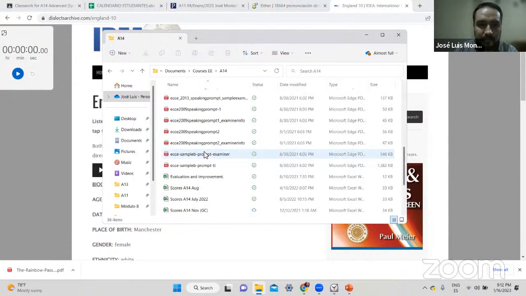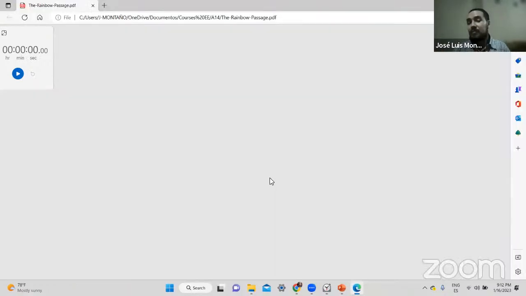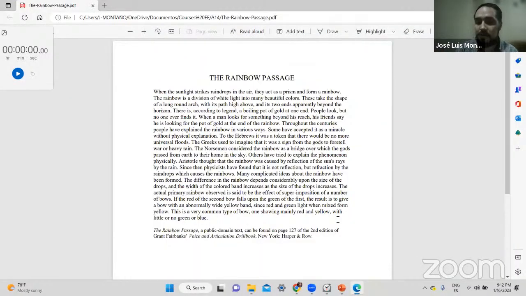About this script, all right, the Rainbow Passage. There you go. And this is something actually we're going to read then to record, now that we're listening to this one. So this one, remember, is going to be find, right? It's going to be like I. Then you have in American, the one that we listened to, sunlight, strikes, raindrops, air, prism, right?